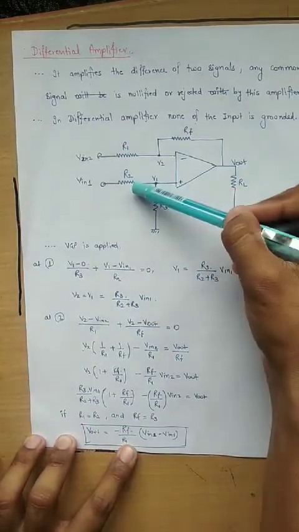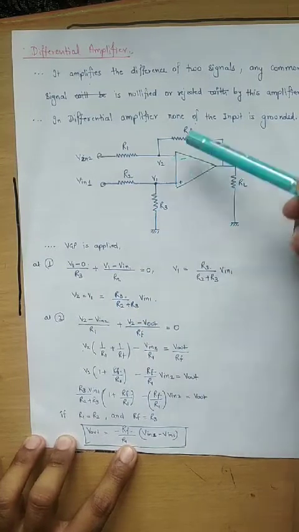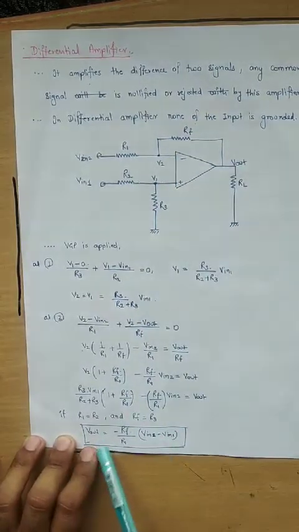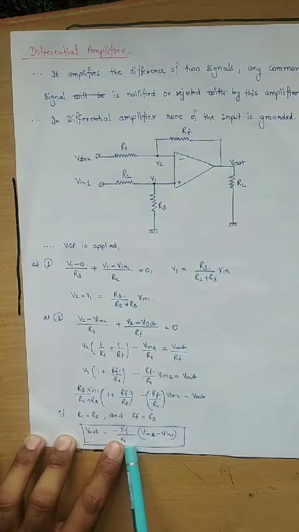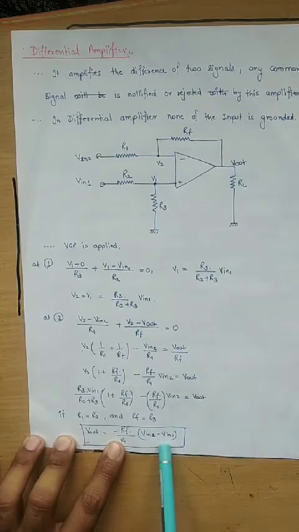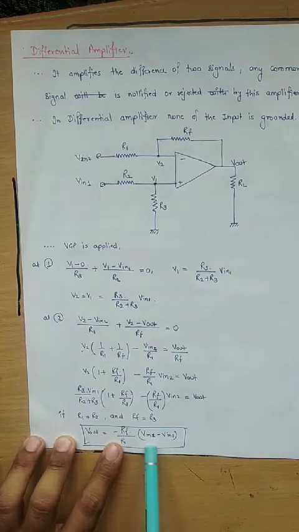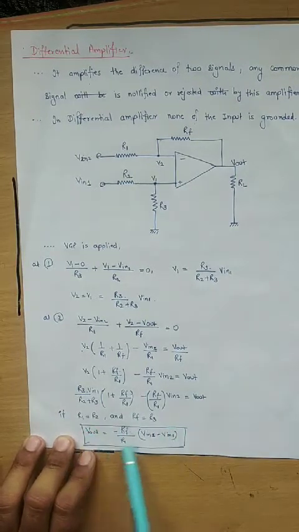If R1 is equal to R2 and R3 is equal to RF, then you will find that V out is equal to RF by R1 times (V in 2 minus V in 1). So this is the basic expression.